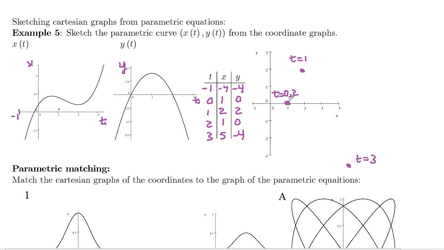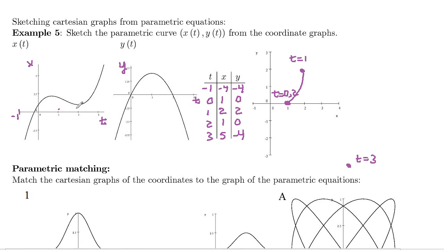So we start here, we are going up to t equals 1, which is at (2, 2), and then back down. Well, it's not going to come in a straight line here. Notice that your x is increasing really fast here, and then in between here it's increasing slowly. So it's going to go up fast. Let's see, no, your x is going to go to the right fast and then more slowly to come to this point. So it would look something like this.